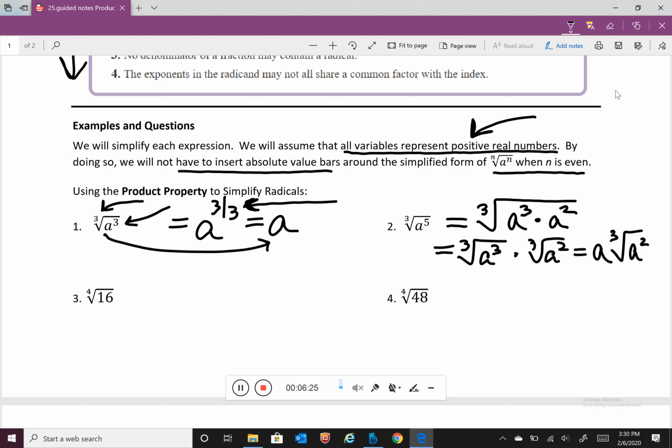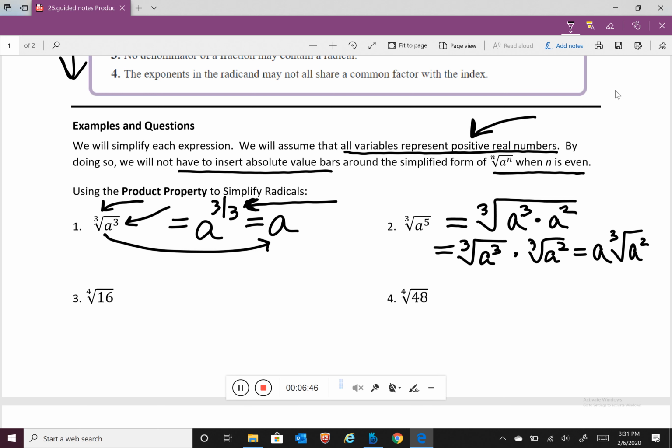So if I think about the fact that my power for problem number 2 is 5 and my root is 3, we can think about this as division, and isn't that exactly what a fraction is? A fraction is just implying division of the numerator by the denominator.